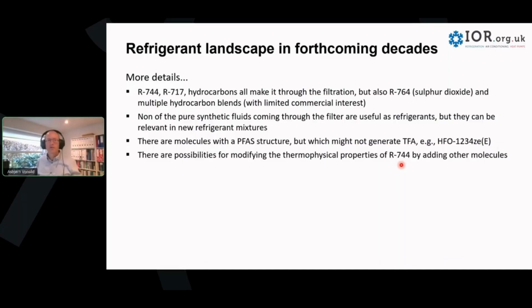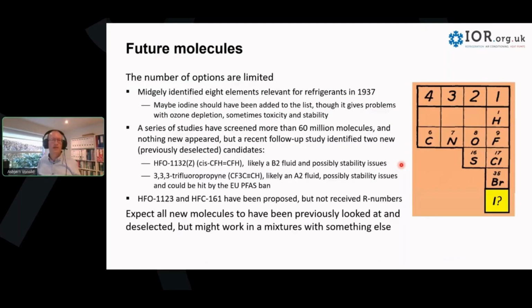And we'll get a little bit more into details with this, but in addition to the 241 current fluids, we could have something new coming in the future. But there is a limit to how much we could expect. Thomas Midgley, back in 1937, stated that there are only, he actually said 8 potential atoms to build refrigerants from.